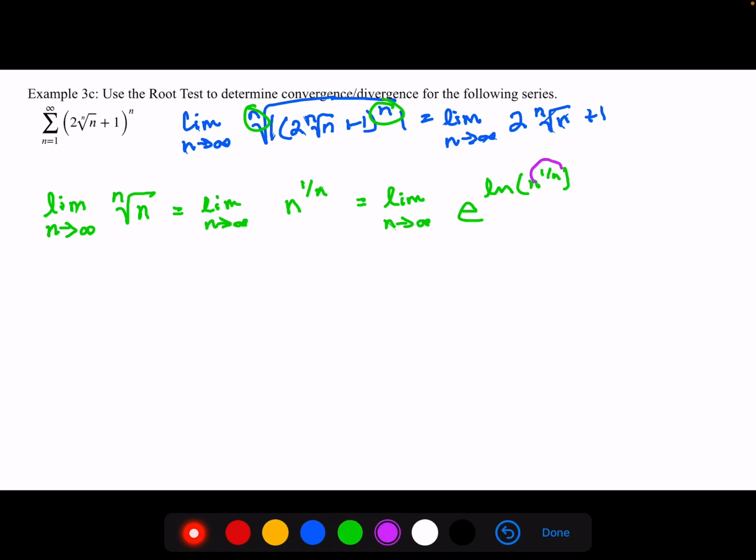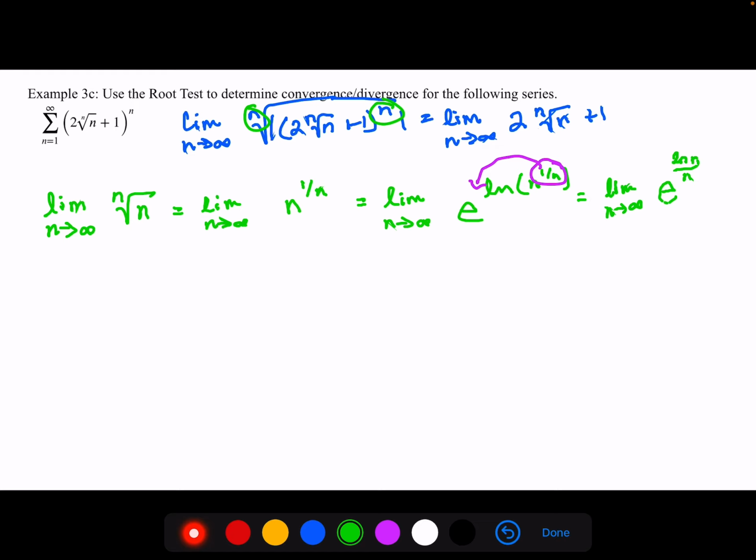This allows us to move this exponent out front. And we have the limit as n goes to infinity of e to the natural log of n divided by n.